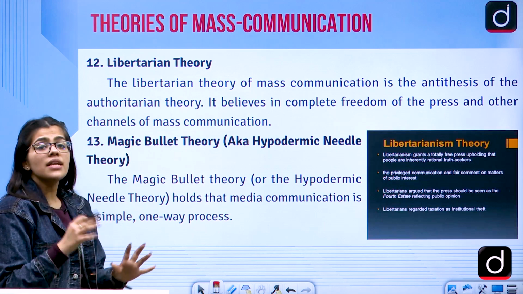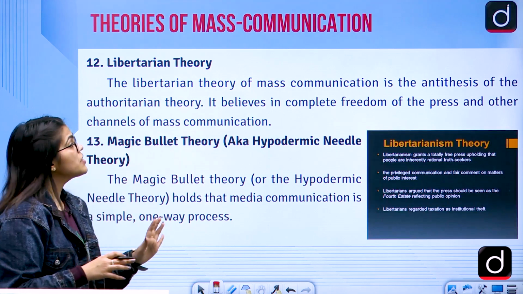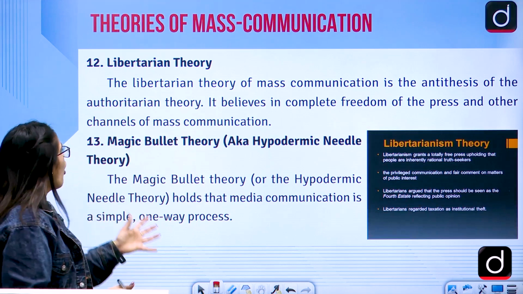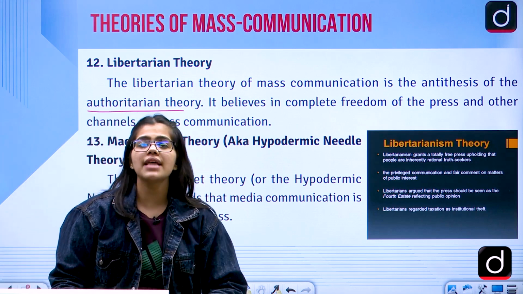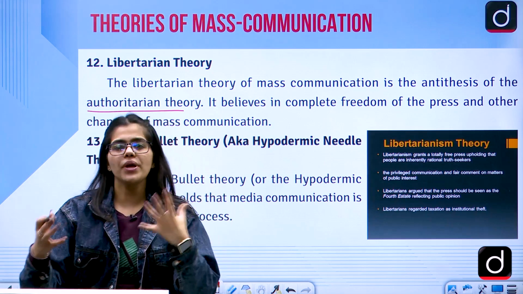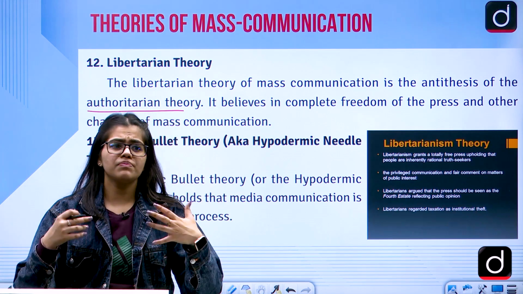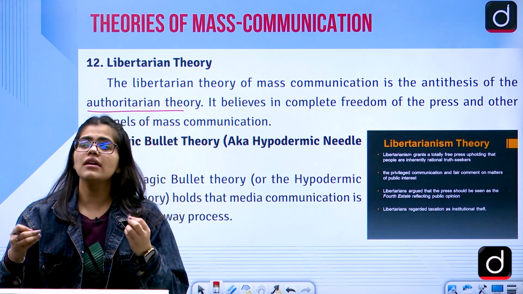Then there is the libertarian theory. The libertarian theory of mass communication is the antithesis of the authoritarian theory. In the authoritarian theory, we discussed that whoever is in power, the media should say that yes, they are doing right. This is their way of treating it, and they actually support whoever is in authority.